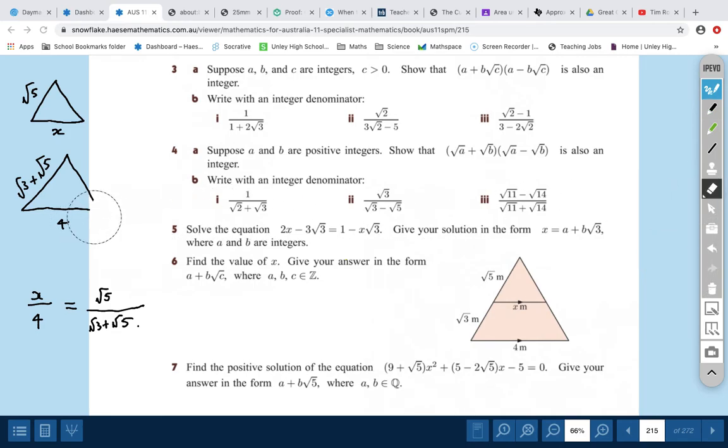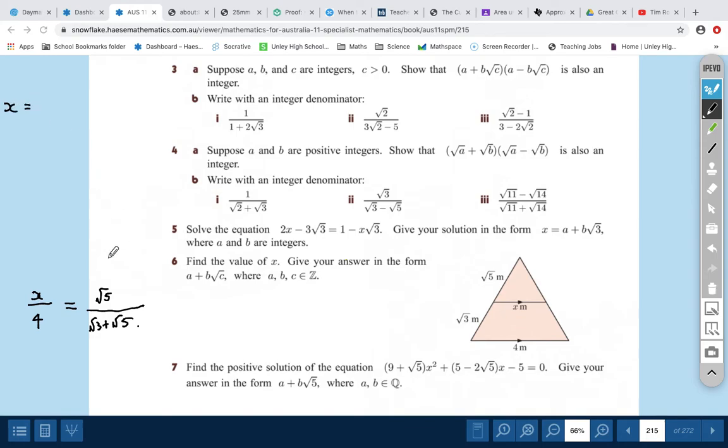I'm going to make some room up the top. So what we really want is x equals, which I can get fairly easily by multiplying by 4. All right, so 4 root 5 all on root 3 plus root 5.